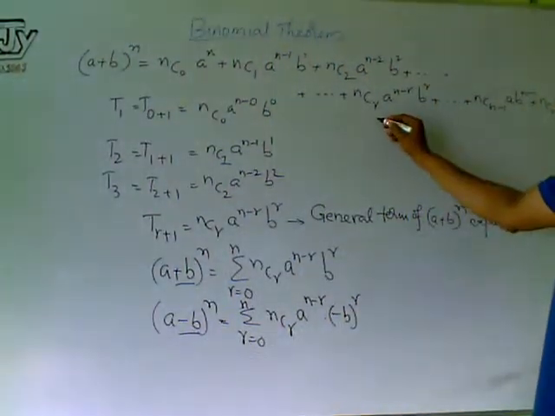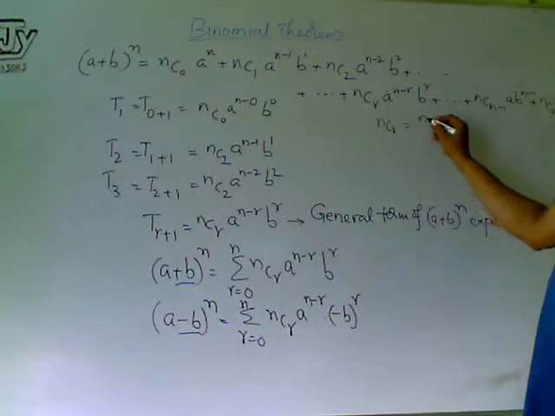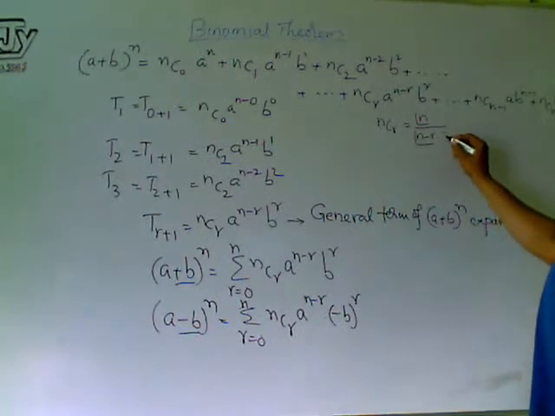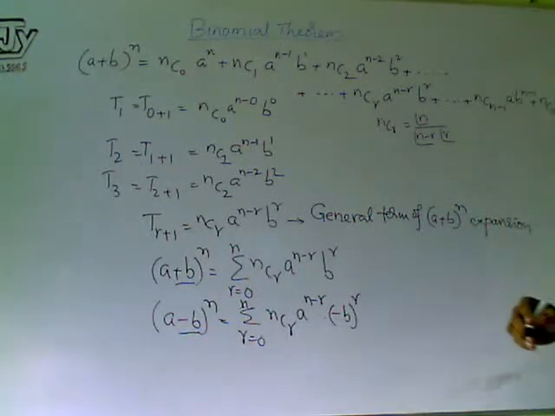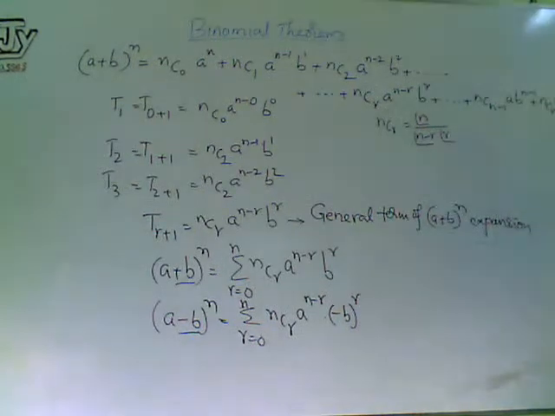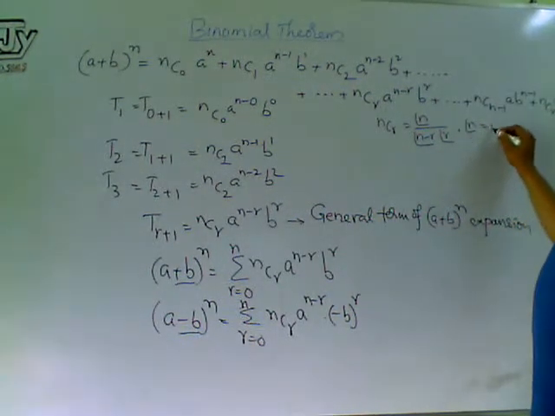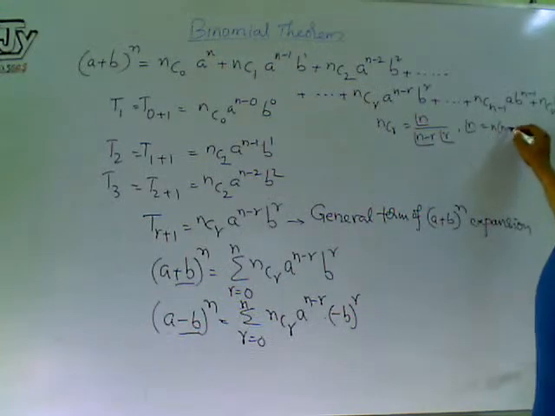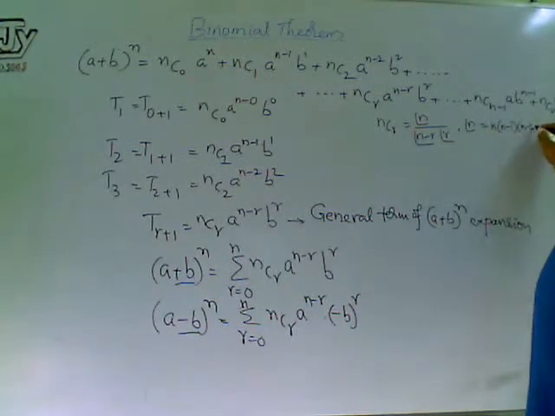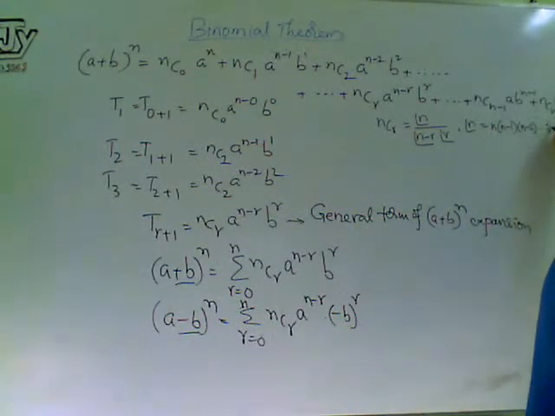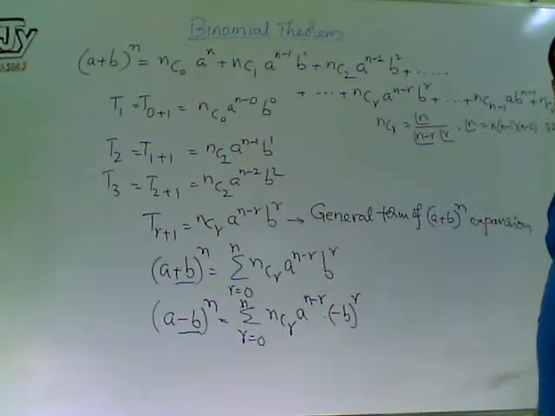And also nCr. What is nCr? n factorial by (n minus r) factorial into r factorial, that we derived earlier, where n factorial is equal to n into n minus 1 into n minus 2 and so on, that is in descending order, 3, 2, 1 product.